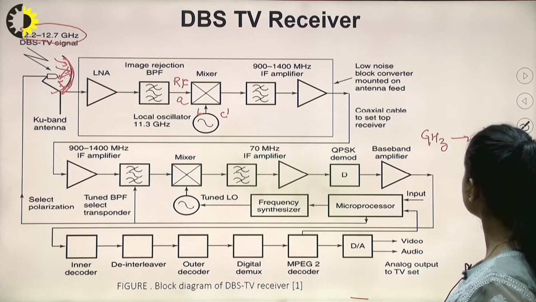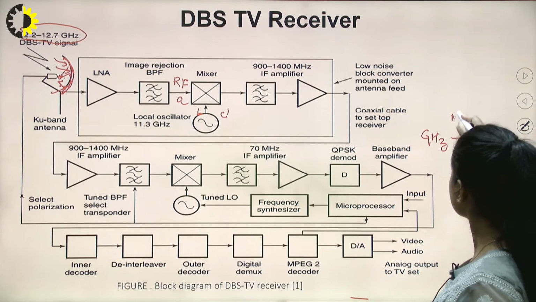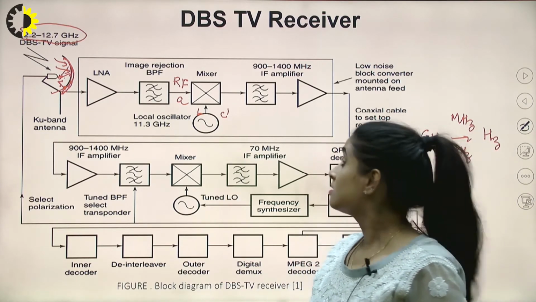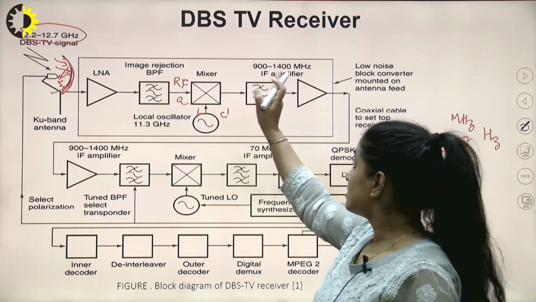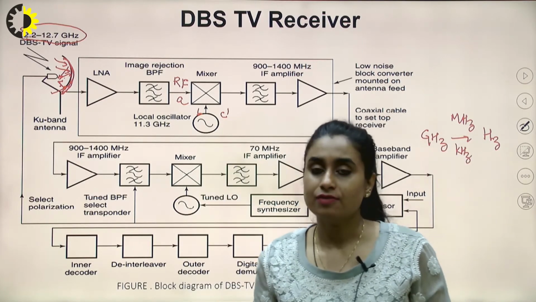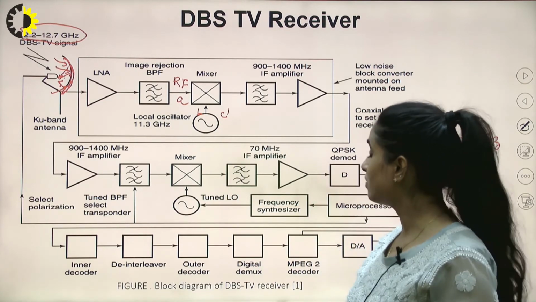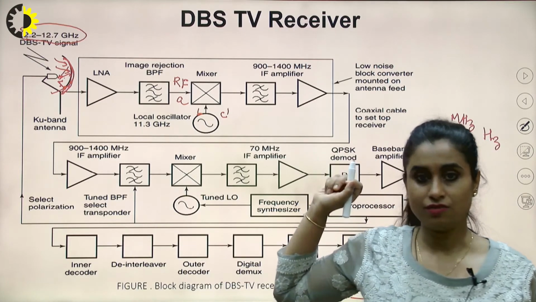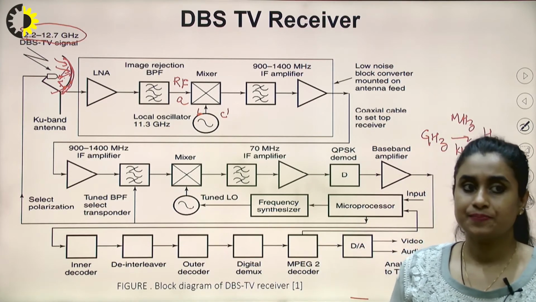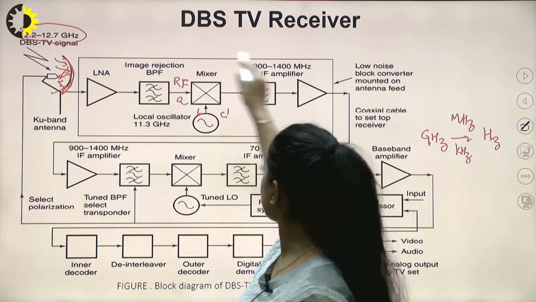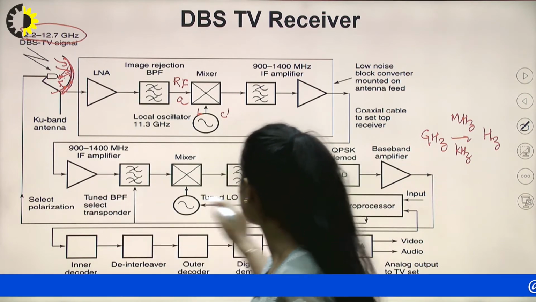There is an intermediate range, which could be megahertz or kilohertz. So it is down converted to the IF range, and for that IF frequency, I use another bandpass filter and another set of amplifiers. Now, I can see the same arrangement here as well.